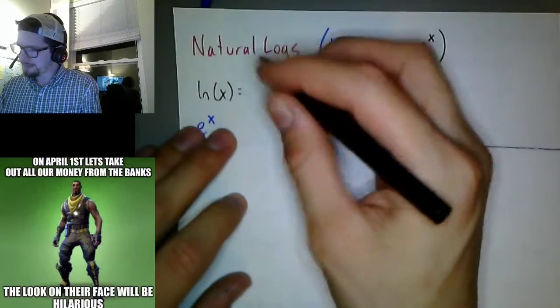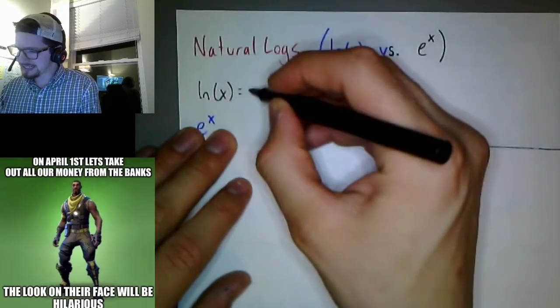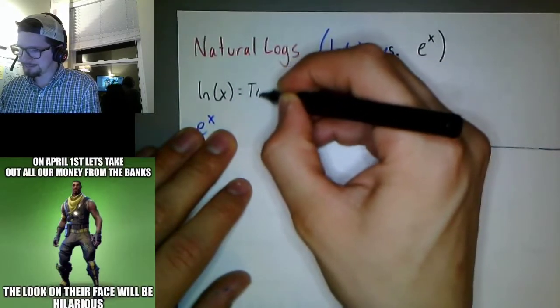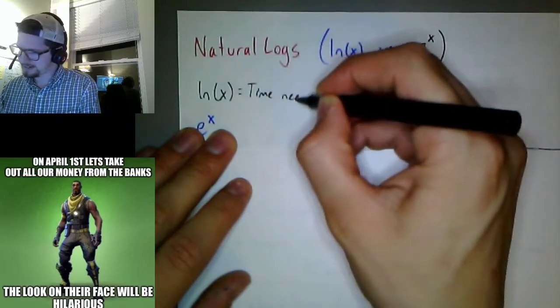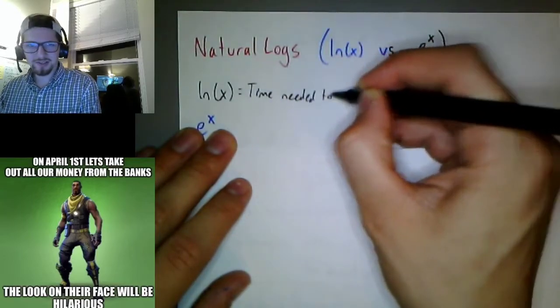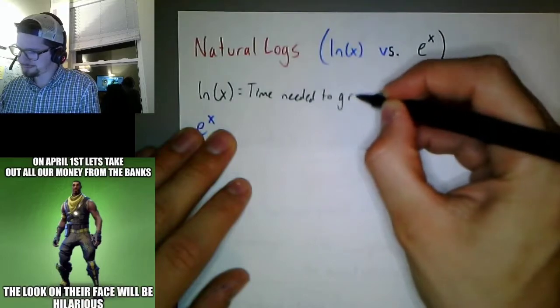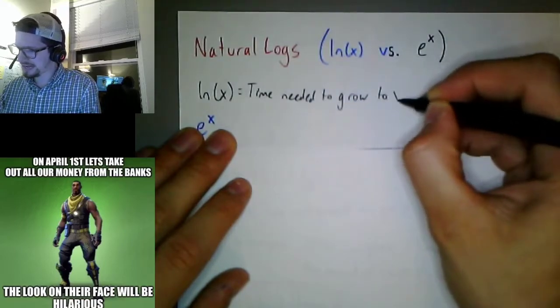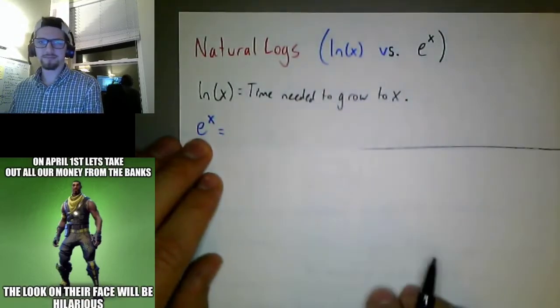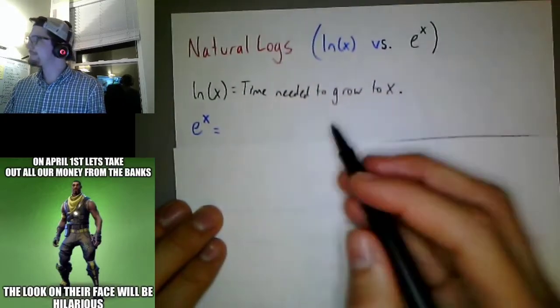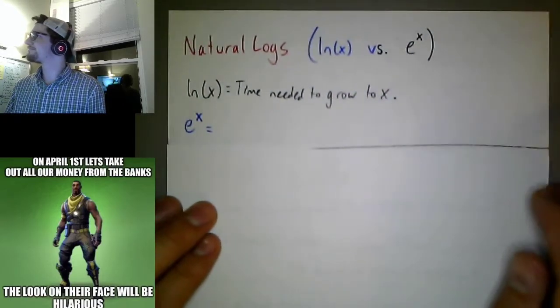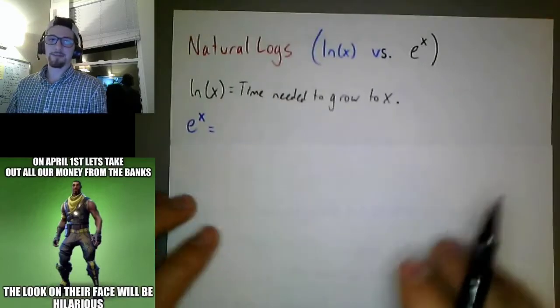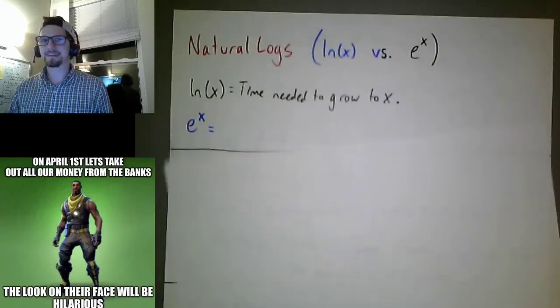ln of x is going to be a tool we use to tell the time needed to grow to x. The time needed to grow to x. Okay? Now before you ask, Mr. Brown, what the heck does that mean?